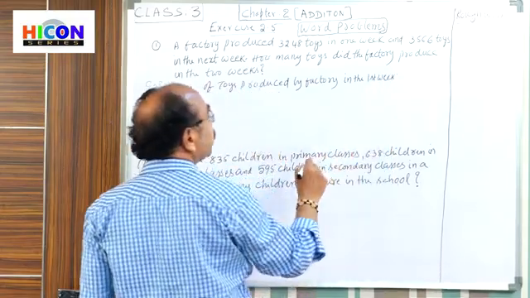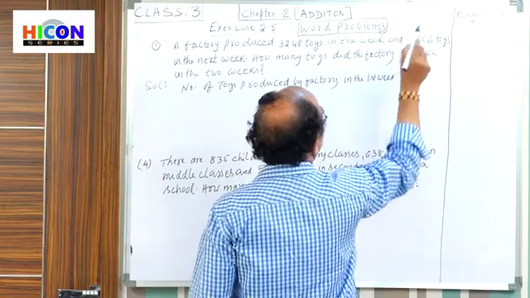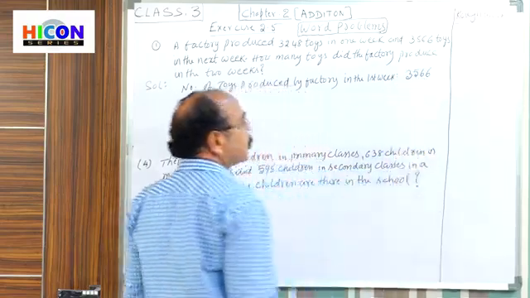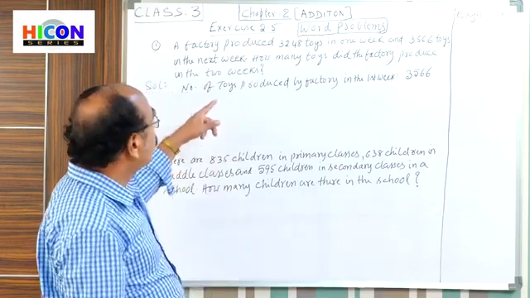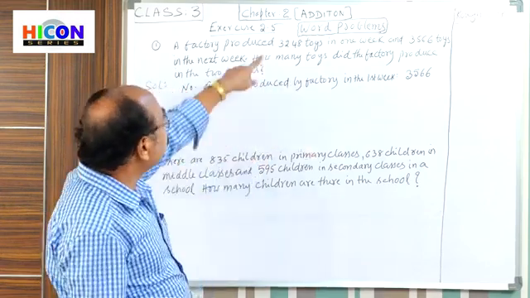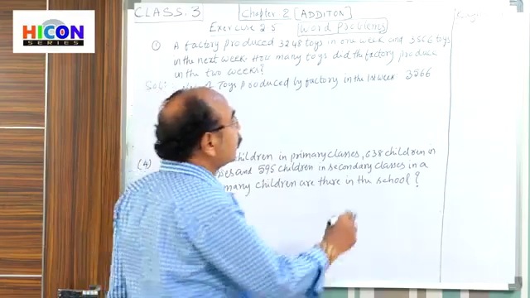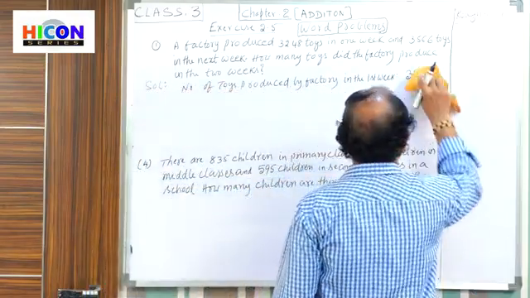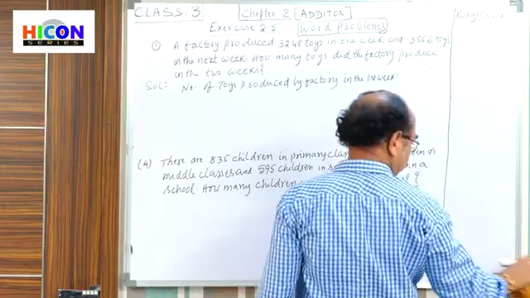How many toys produced here in the first week? 3248.